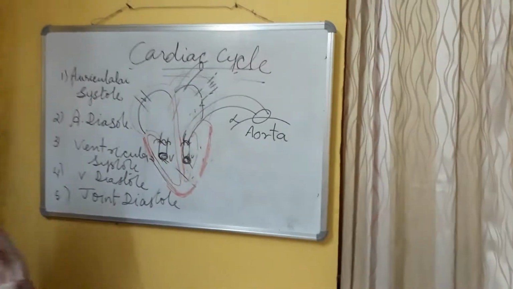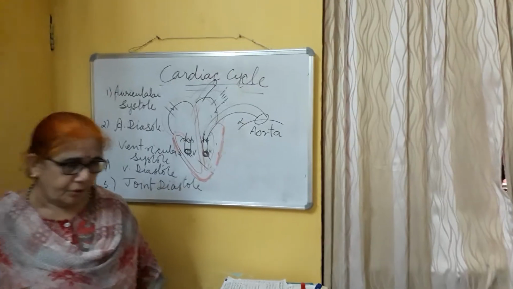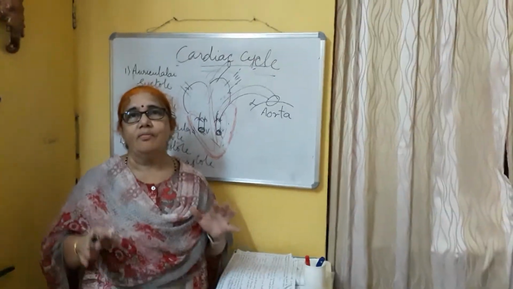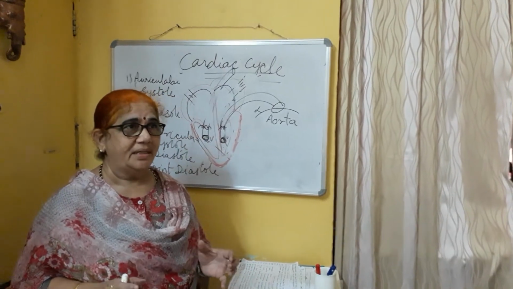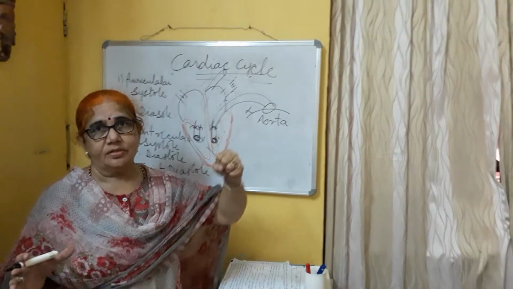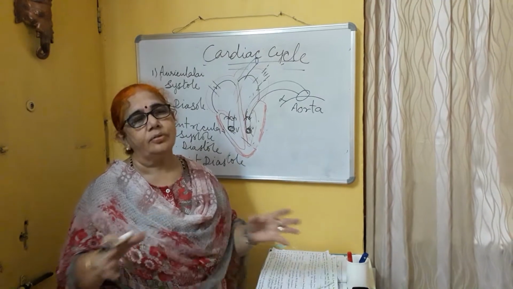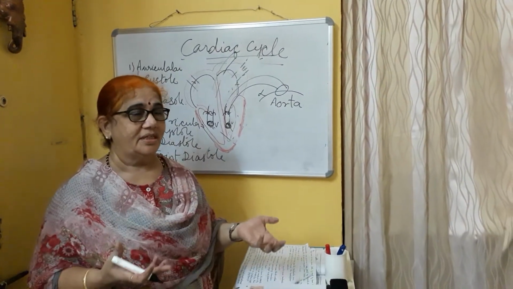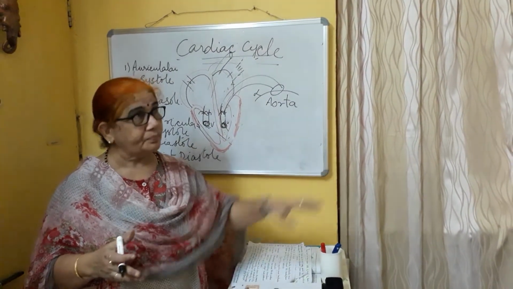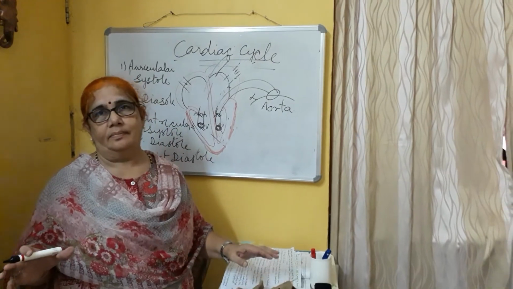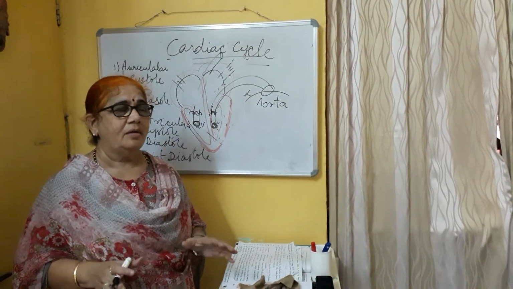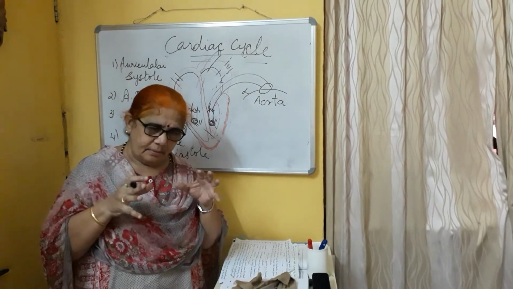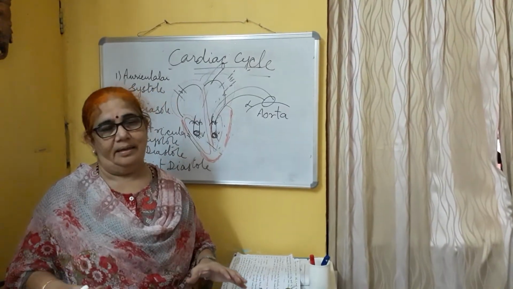Okay, now let us see this. First of all, you should know what is systole and what is diastole. Systole means contraction. Diastole means relaxation. Now, as I told you, the heart is a strong muscle. It contracts, it relaxes.